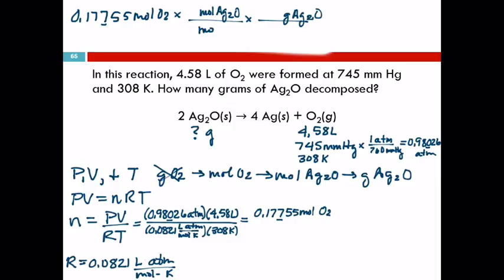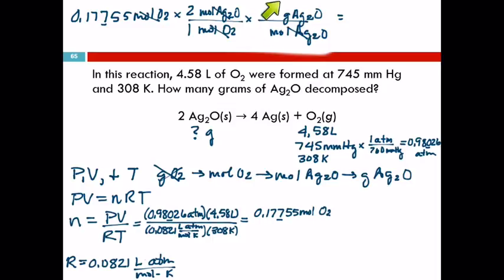I'm going to divide by moles of oxygen so that the units work out, and I'm going to divide by moles of Ag2O so those units work out. Where do I get numbers for this mole ratio? Yep, from this balanced chemical equation. So there's 2 moles of the silver oxide gives 1 mole of oxygen. So 2 moles of Ag2O, 1 mole of oxygen.